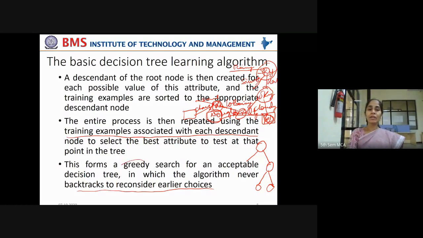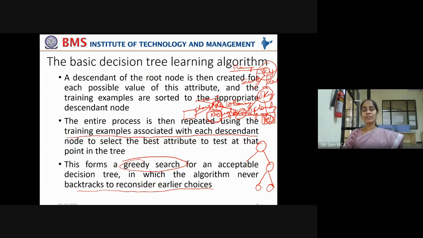That is why we call it greedy search and hill climbing approach. It is just checking its local best and going forward. It is not checking the global best. If it had to check the global best, it would have to backtrack and iteratively change its attributes. But it is not iteratively changing its attributes. Once it constructs a decision tree, that's all.